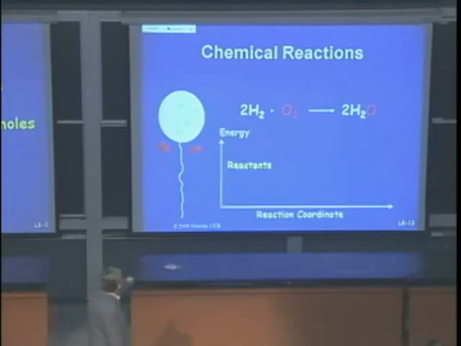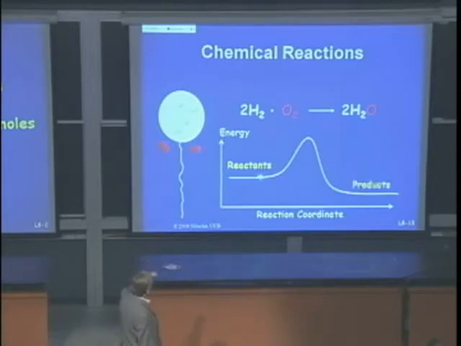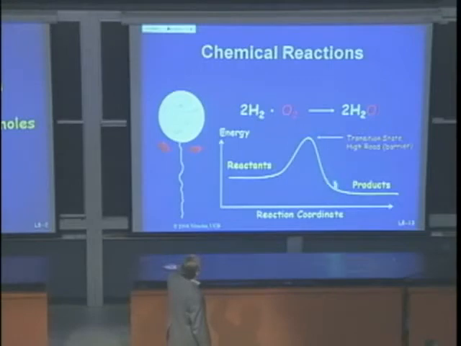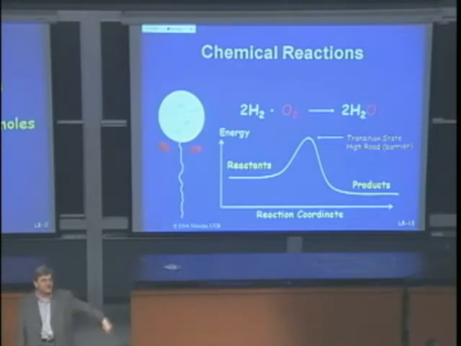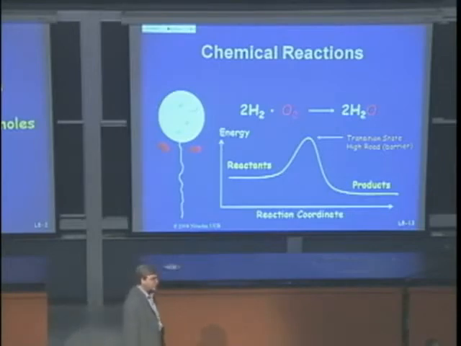So now you can read these things. This is an energy diagram. The energy of the reactants is higher than the energy of the products. It had to go through an activation barrier here. That's a transition state, but we needed to put a little bit of energy in, and then we got the reaction started, and the energy that was released in the reaction then got the other parts of the reaction started.